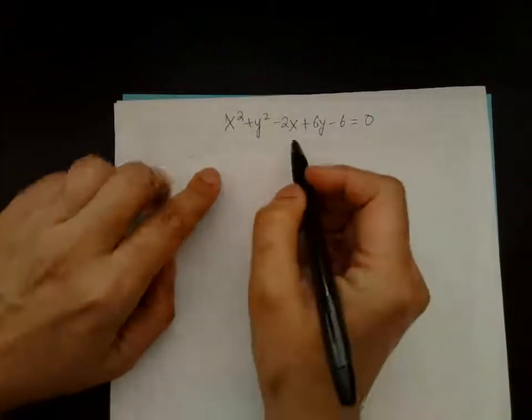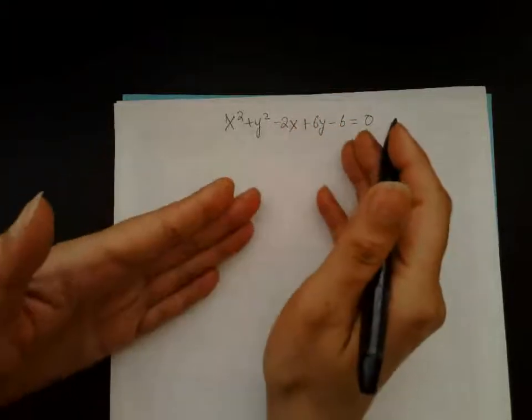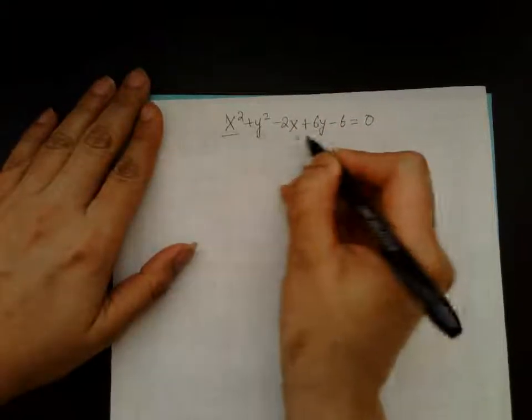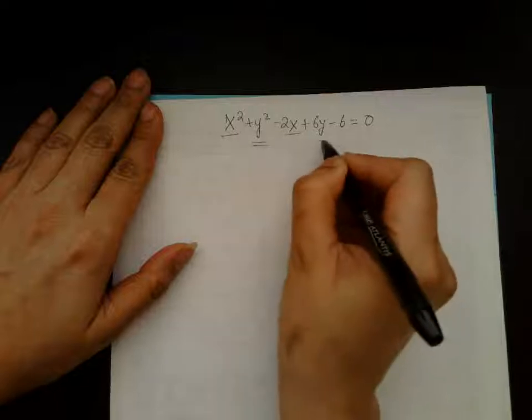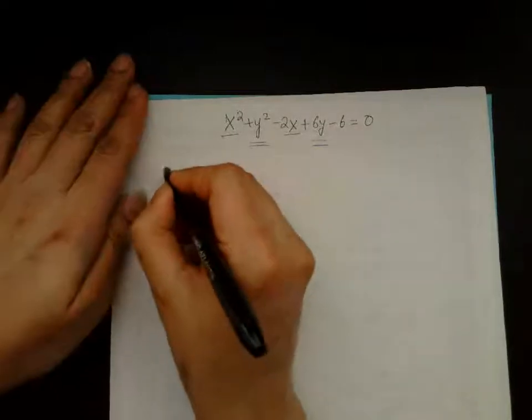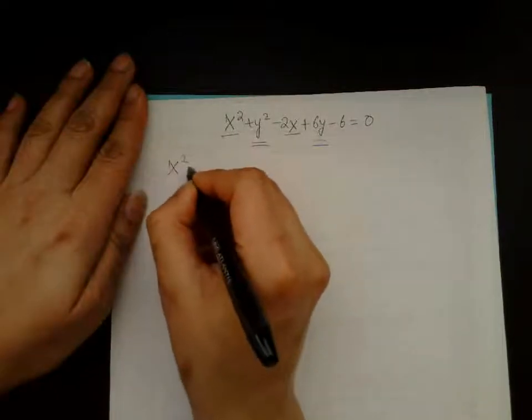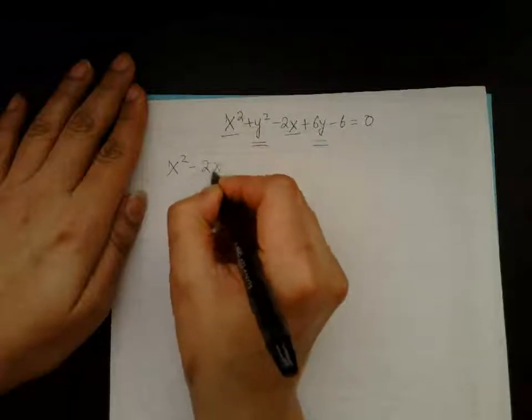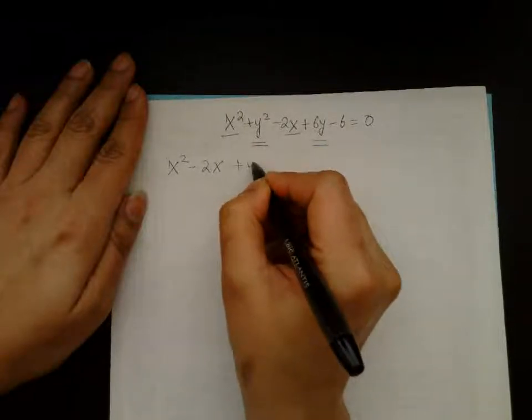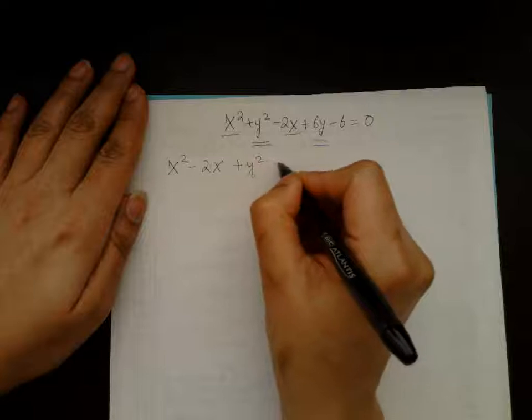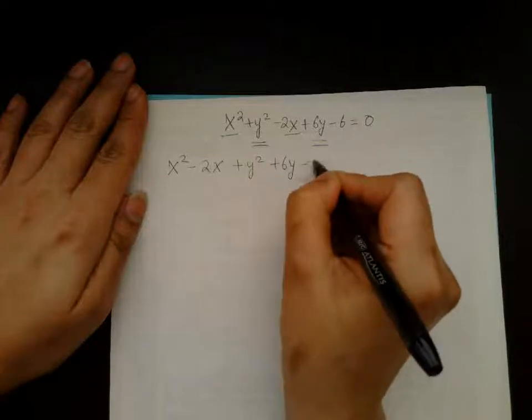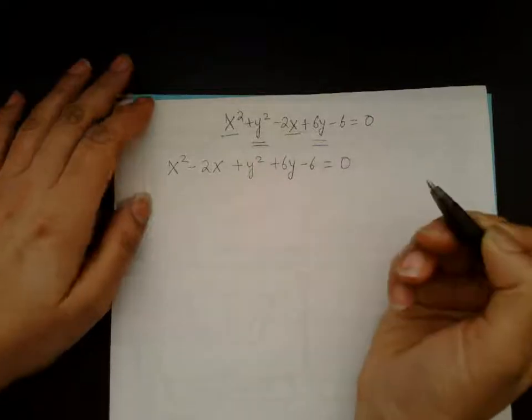Let's combine all the x terms and all the y terms. These are x terms and these two are y terms. So I can rewrite it as x squared minus 2x plus y squared plus 6y minus 6 is equal to 0.